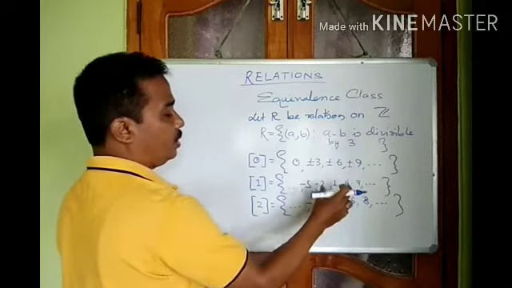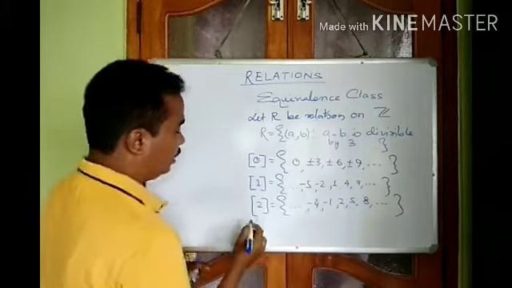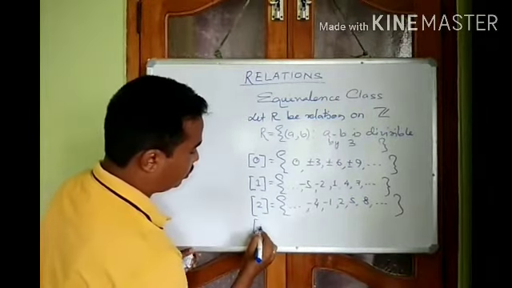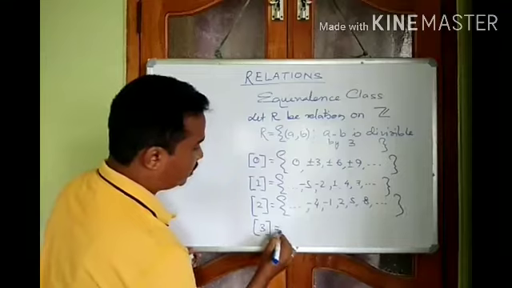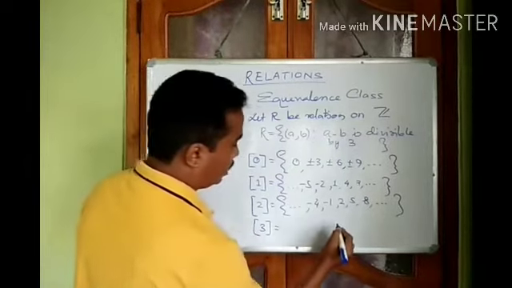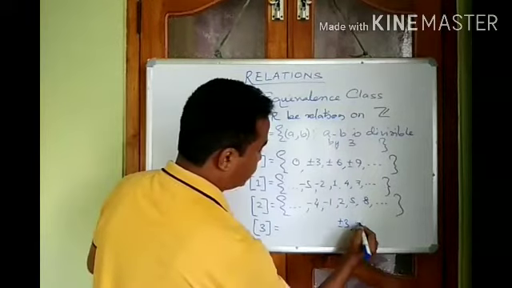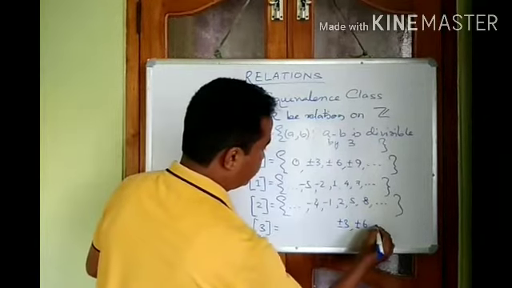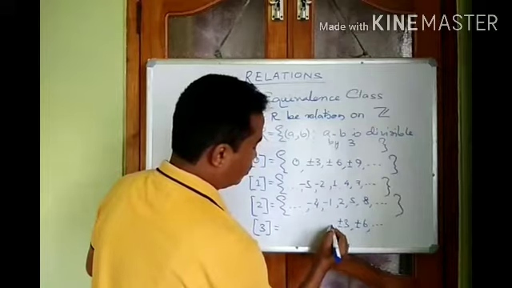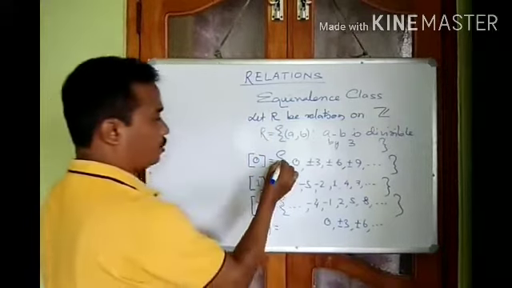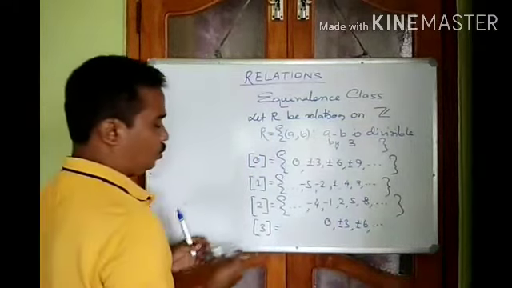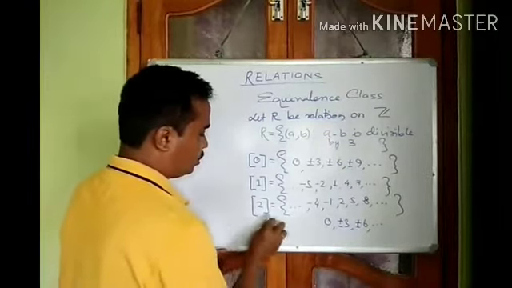Same is the case here, also here. And if we take another set, the elements related to 3, then it starts with plus minus 3, plus minus 6, and 0. That means it becomes the same set as the first. So we don't have any more sets.